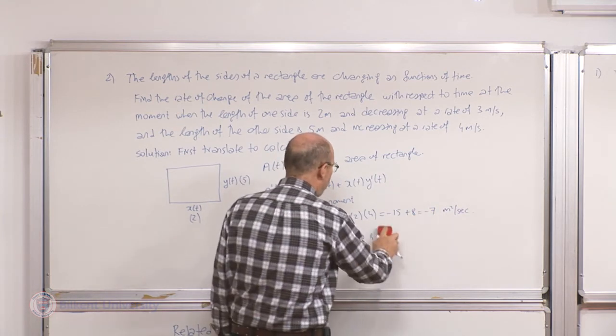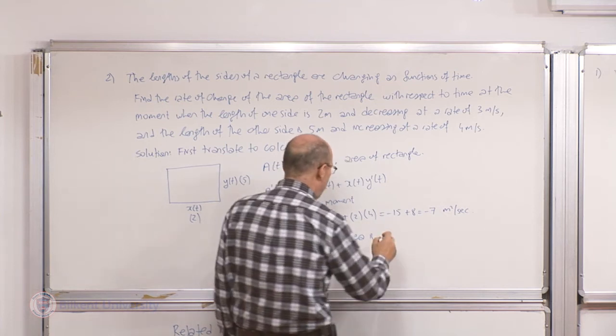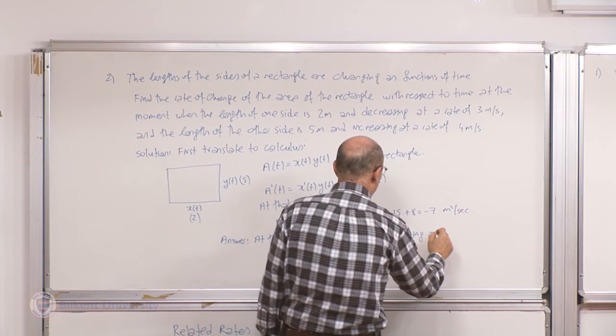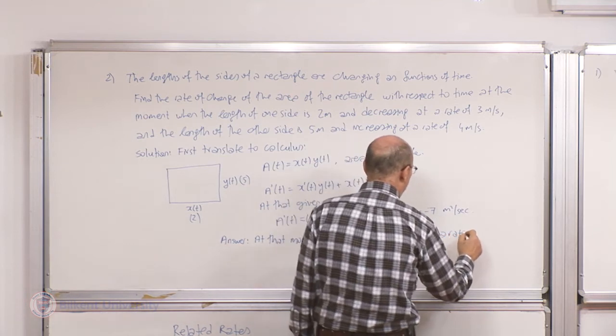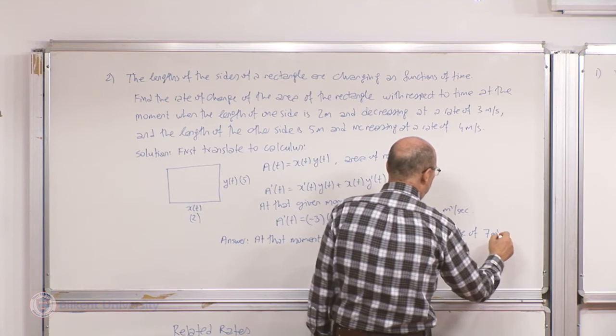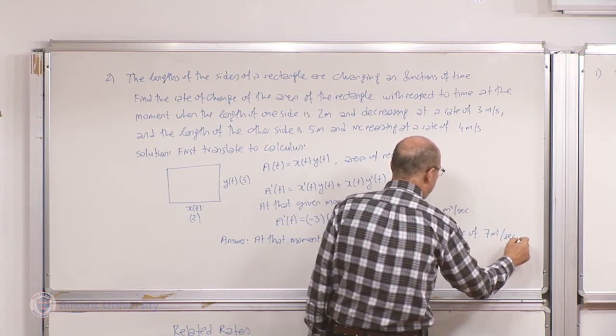Since I have minus 7 here, it is decreasing at a rate of 7 square meters per second.